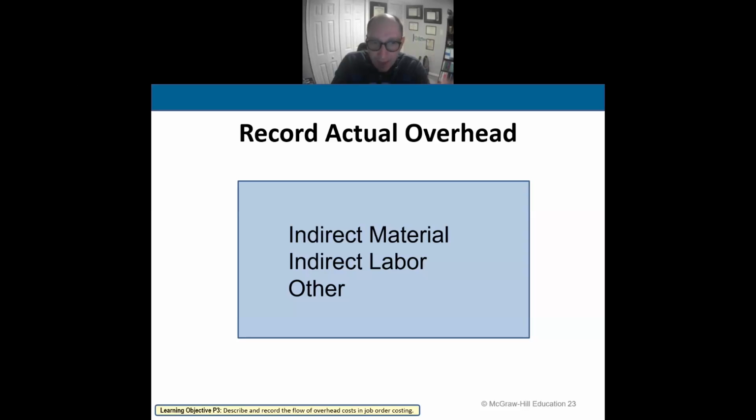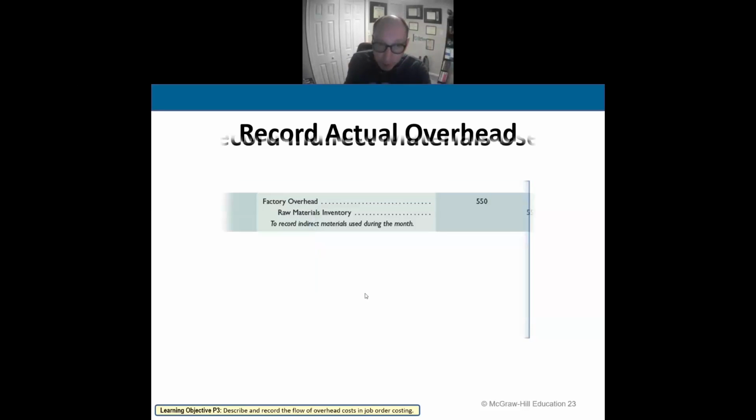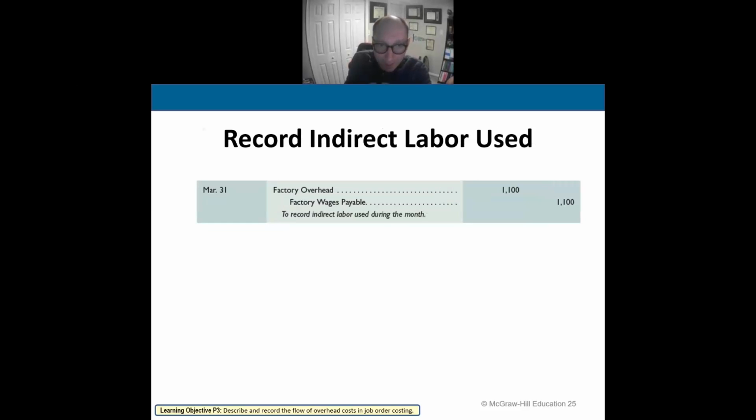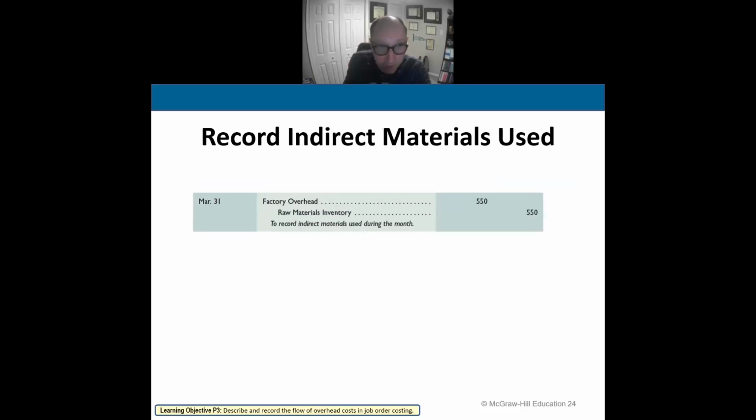And I find the actual overhead from looking at indirect materials, indirect labor, and other factors. So the actual overhead, in some cases, may come in below, underapplied, or above, overapplied, the estimate amount. And when that happens, I need to make an adjustment.